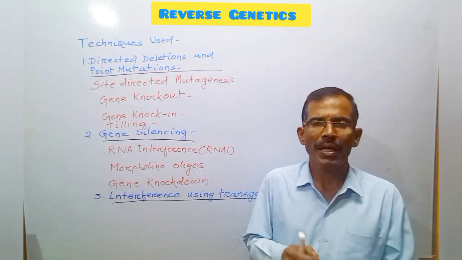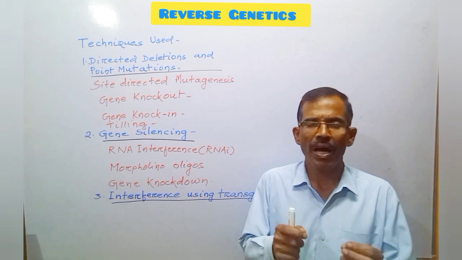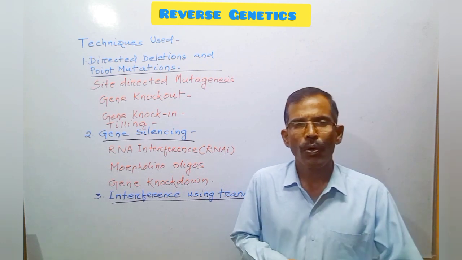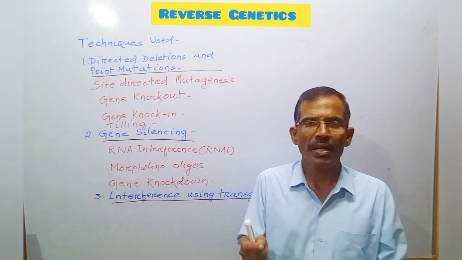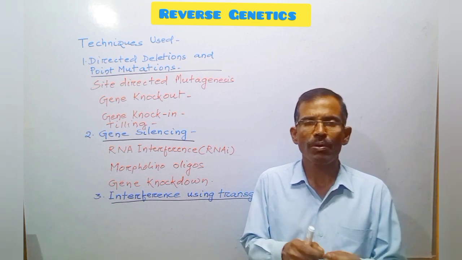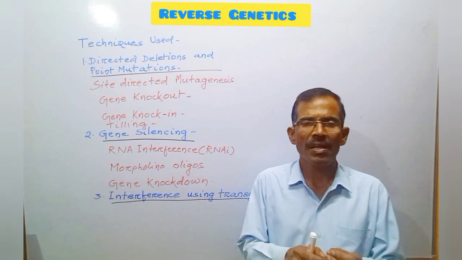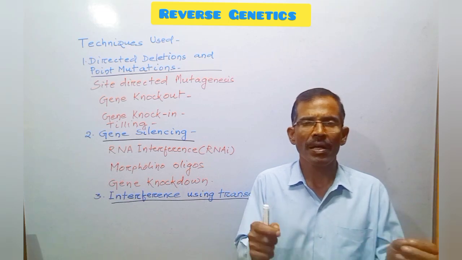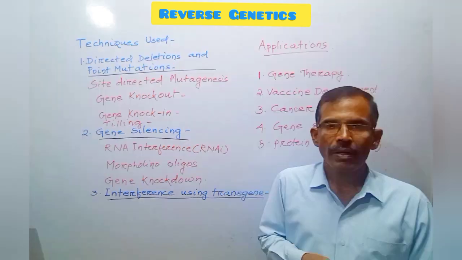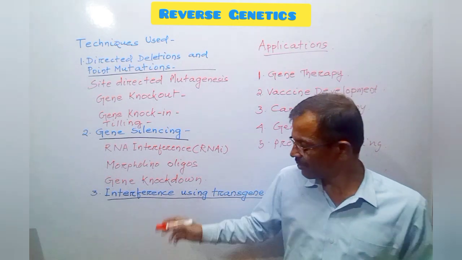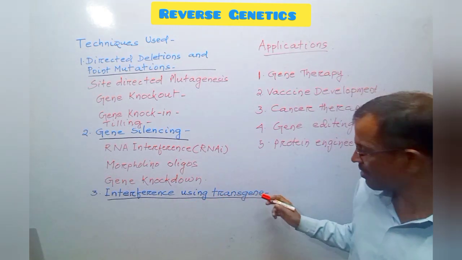Morpholinos bind and block access to target mRNA without requiring the activity of cellular proteins and without necessarily accelerating mRNA degradation. Third one is interference using transgene.